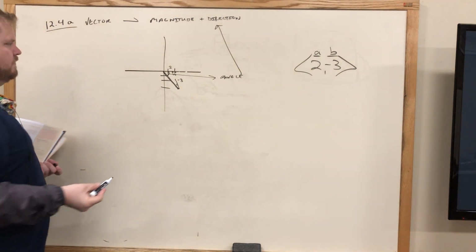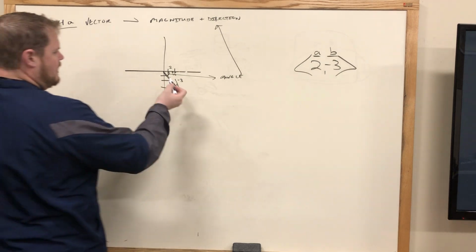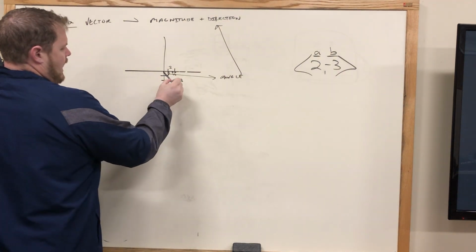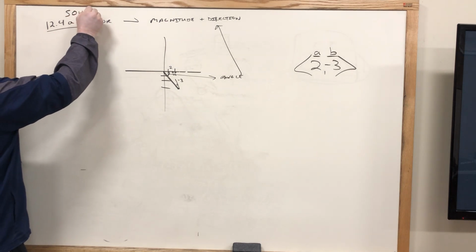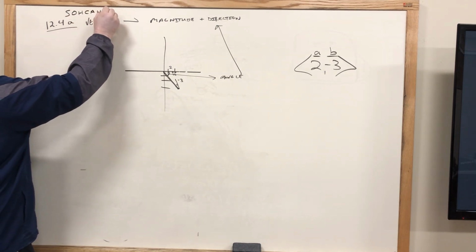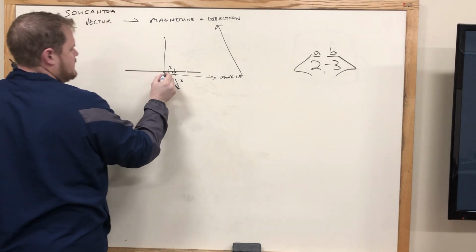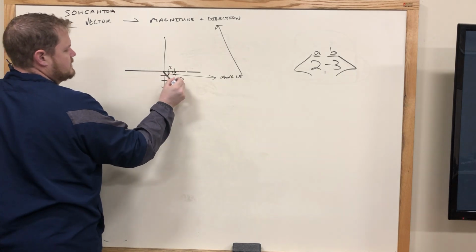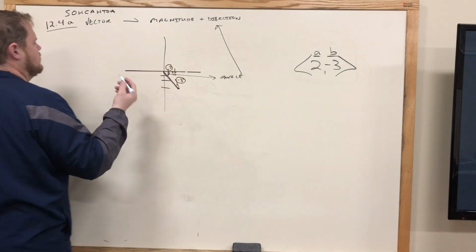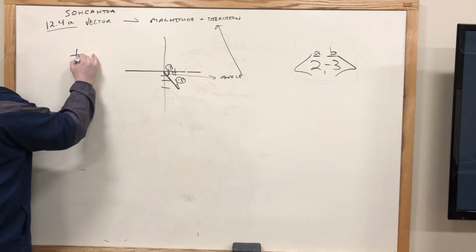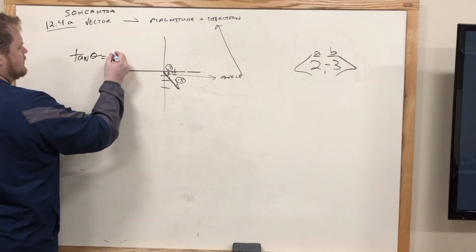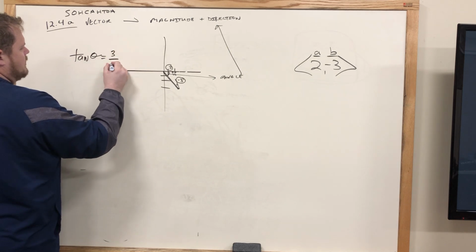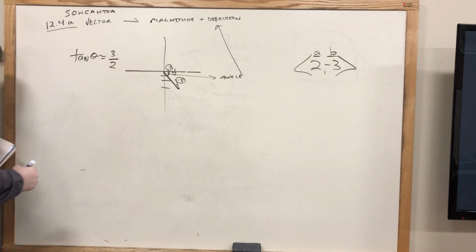So how would I solve that? Well, let's think about it. Opposite, so sine... TOA, right? So this is going to be here. It has opposite over adjacent. So what are we going to use? Tangent, good. Tangent theta equals opposite over adjacent.